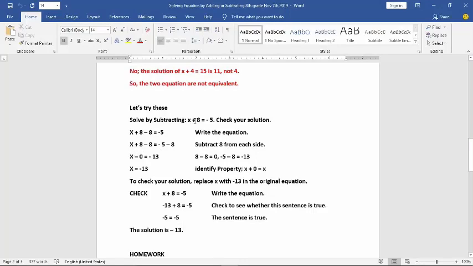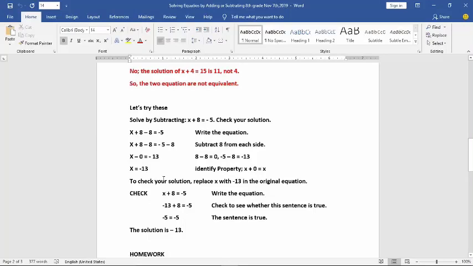Because I have x plus 8 equals negative 5, I write the inverse operation. It's going to be minus 8 here and minus 8 here, just like this one. I isolate the variable, that means I'm going to leave it by itself. 8 minus 8 is 0, and negative 5 minus 8 is negative 13. So the solution is negative 13.